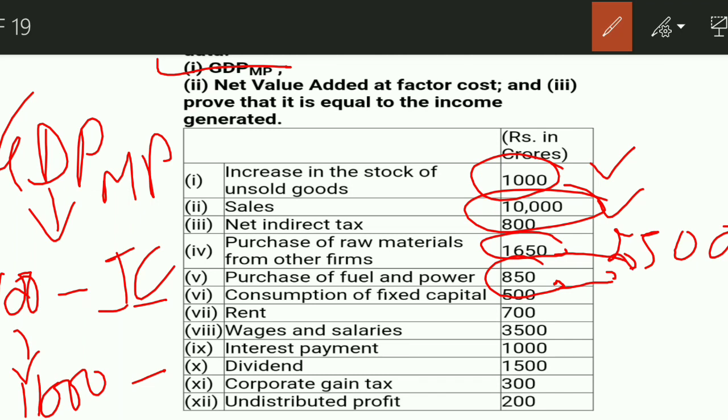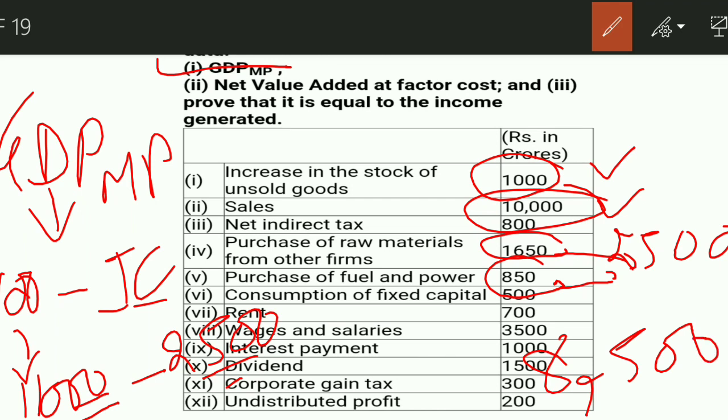So intermediate consumption is 2,500. When we subtract 2,500 from 11,000, we will get 8,500. So gross domestic product at market price will be 8,500.